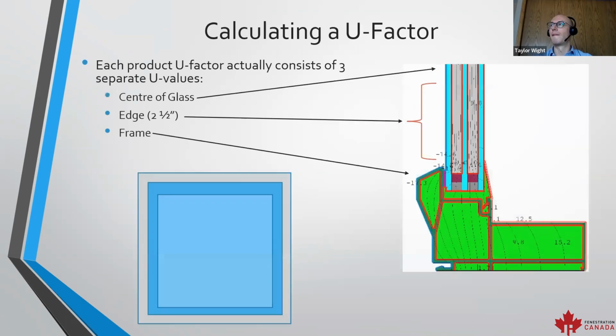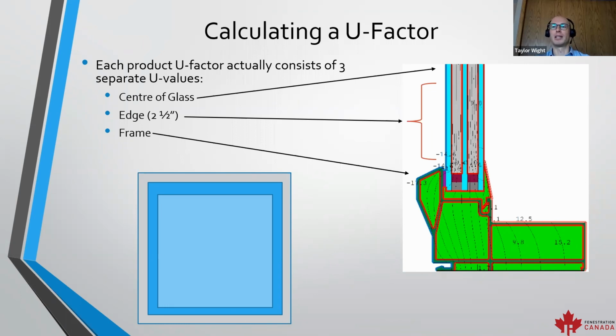So when we're rating a window, we use the software called Therm and Window, and it breaks the window down into three main components.